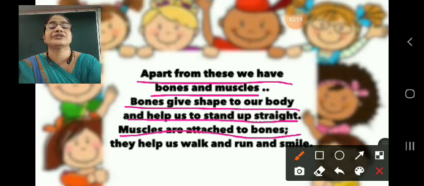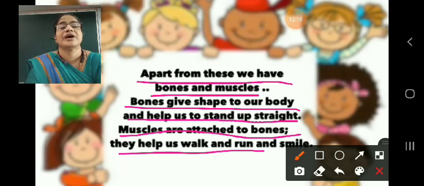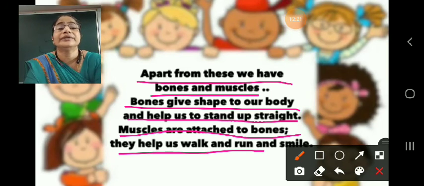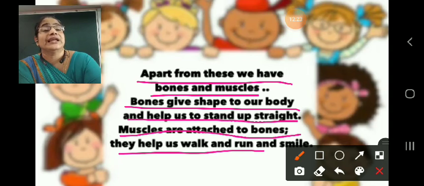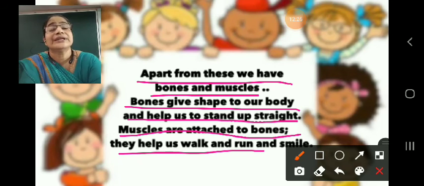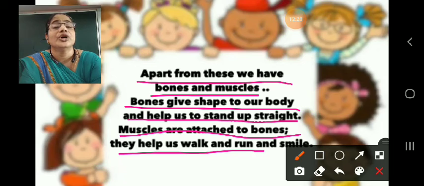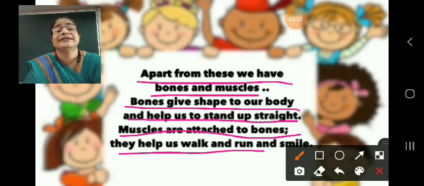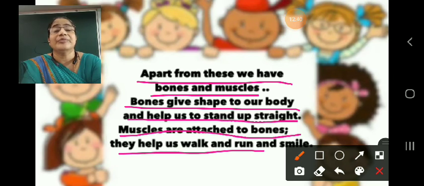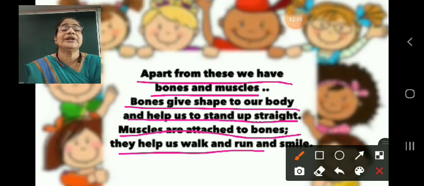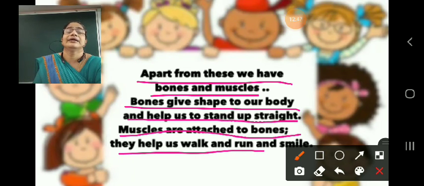Muscles are attached to bones. They help us walk and run and smile.